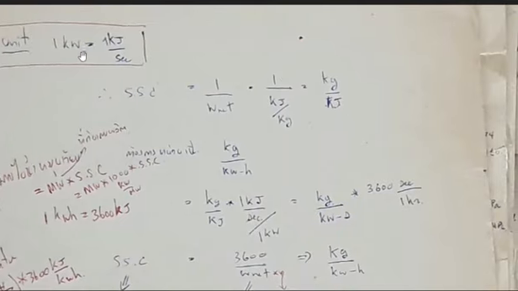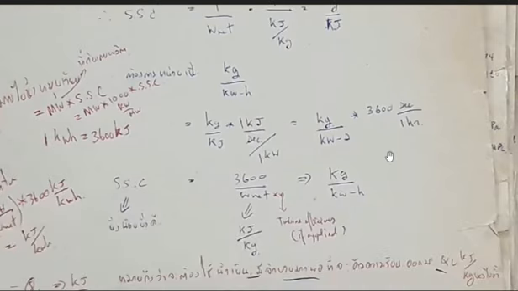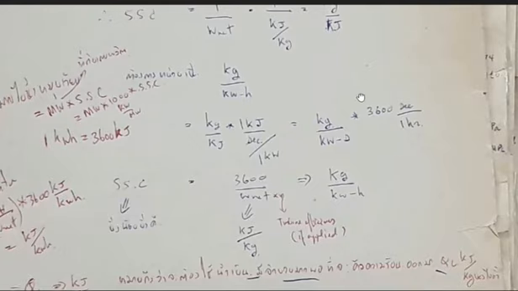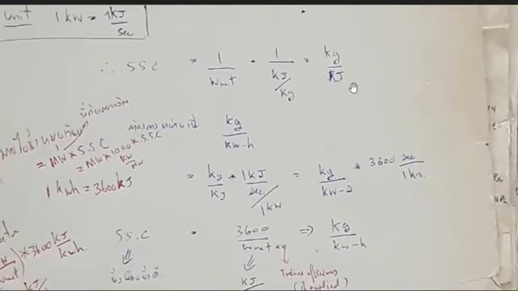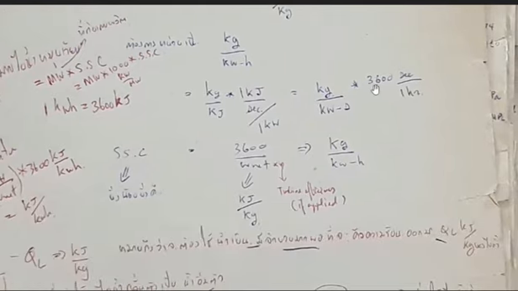But we know that 1 kilowatt is 1 kilojoule per second, so we can change the kilojoule to kilowatt hour by multiplying by 3,600.